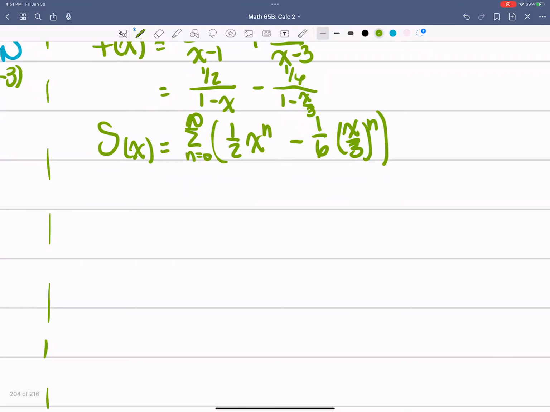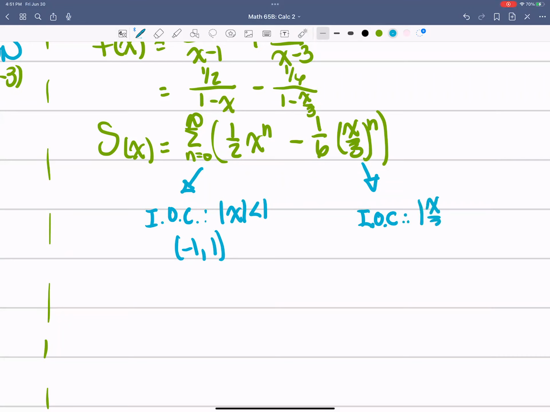And now let's take a look at our interval of convergence. For that first one, we have the absolute value of x being less than 1. That's simple. We have from negative 1 up to 1. This one, however, we have absolute value of x over 3 less than 1.